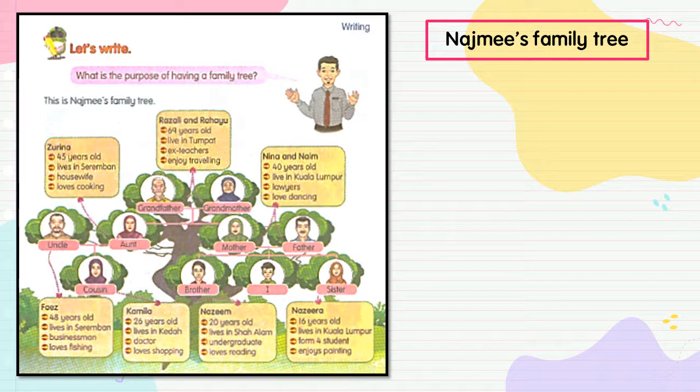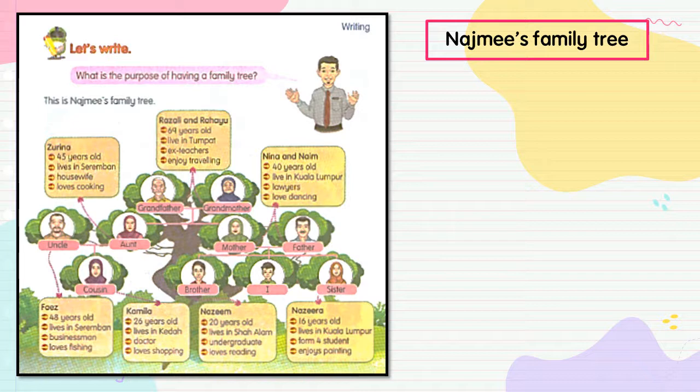Nina and Naim, 40 years old, live in Kuala Lumpur, lawyers, love dancing. Nazim, 20 years old, lives in Shah Alam, undergraduate, loves reading. Nazira, 16 years old, lives in Kuala Lumpur, Form 4 student, enjoys painting.